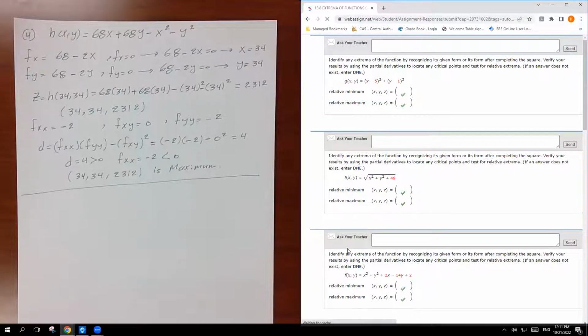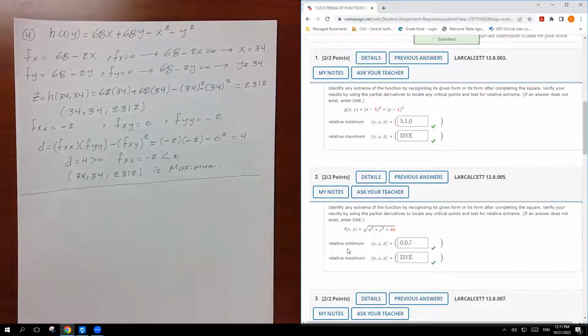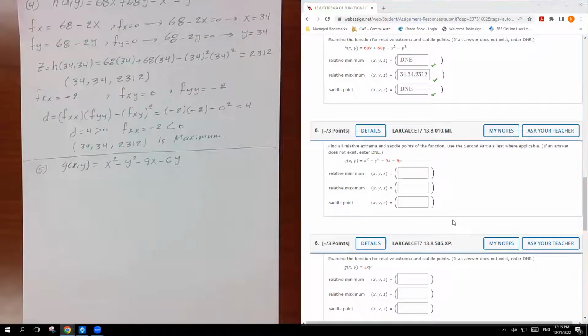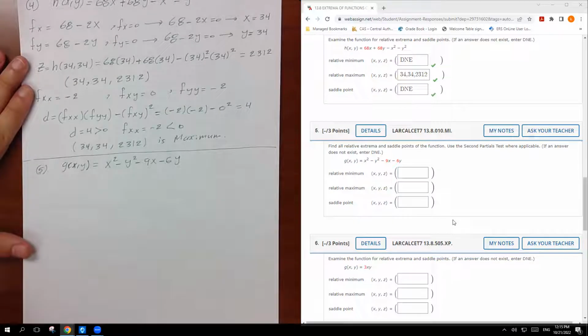The same thing applies with example 5. Let's do exactly the same thing. We need to find the relative maximum or relative minimum. The first thing is to find the critical point.